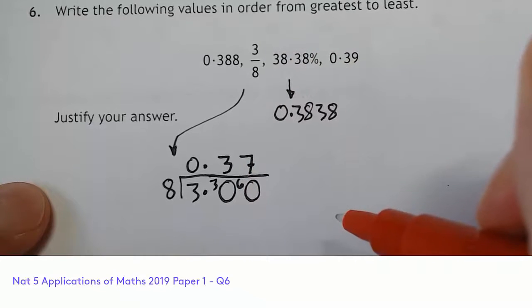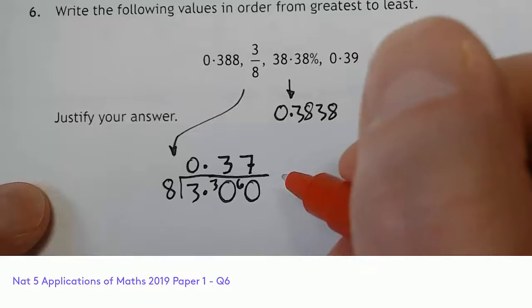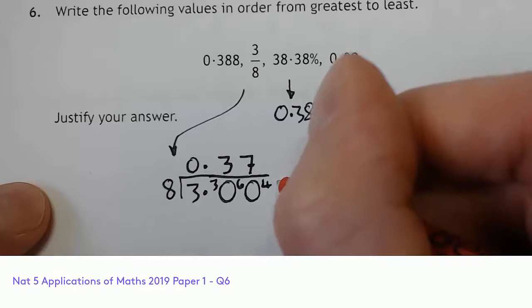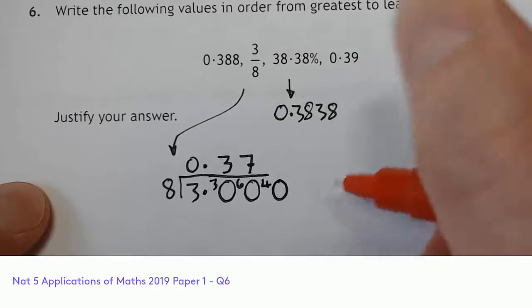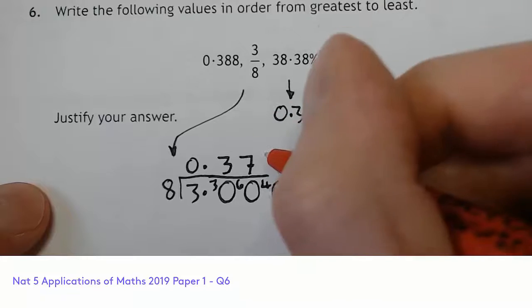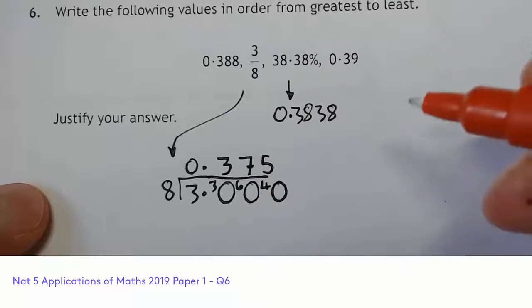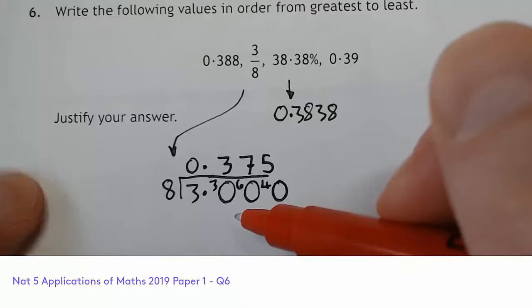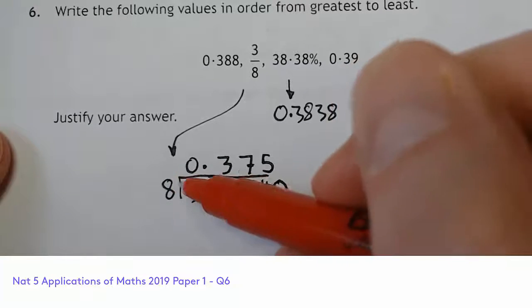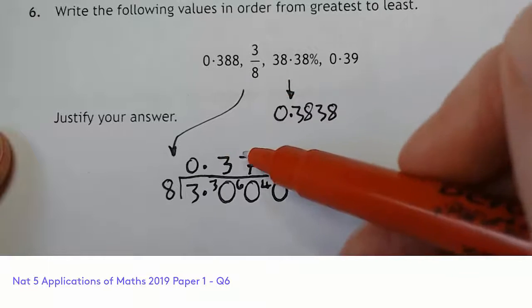So 7 8s is 56, so we're going to have 4 left over. So we'll take that back, and then how many 8s go into 40? Well, that's 5. Okay, so using this wee shortcut method, you can get this 3 over 8 into decimal.